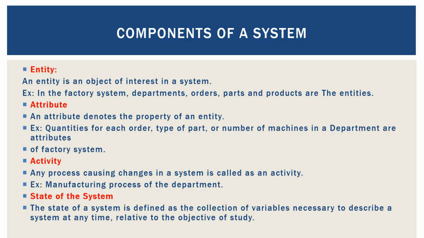At any given time, how can we have the collection of variables that are sufficient to describe the system at that given point in time? We can talk of the number of passengers, seated passengers, standing passengers, whatever. All those variables, if collected together, we can collectively define the state of the system.